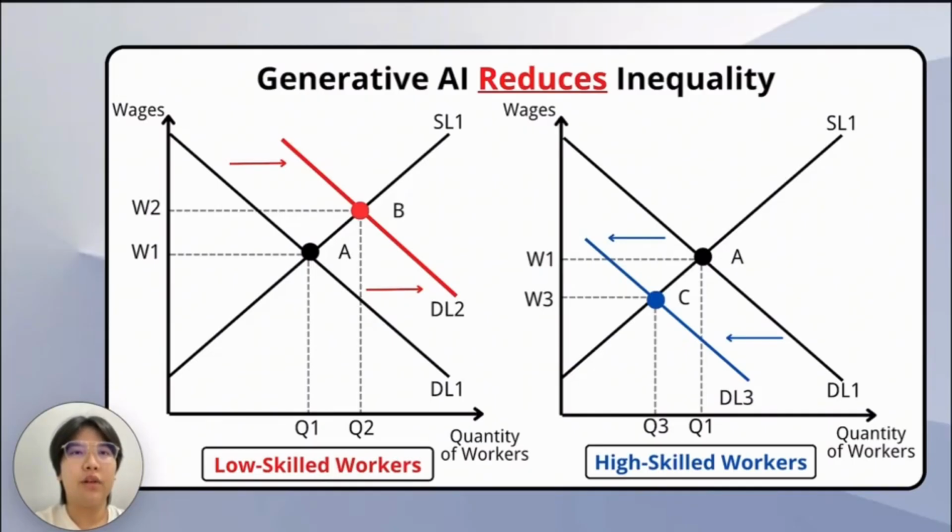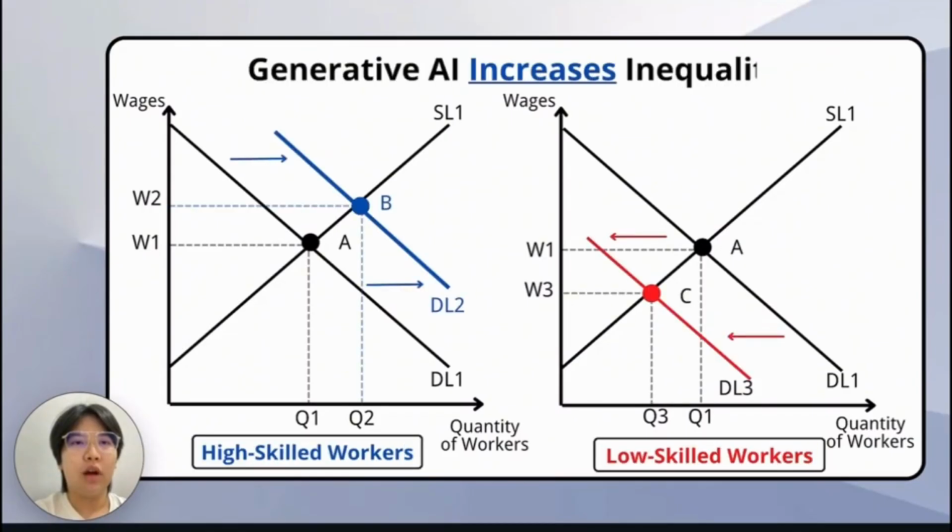The equilibrium for low-skilled workers moved to point B. The low-skilled workers receive a higher wage at W2, reducing inequality, but demand for high-skilled workers has decreased. DL1 shifts to the left to DL3. The equilibrium for high-skilled workers moved to point C. The high-skilled workers received a lower wage at W3, which reduced inequality.